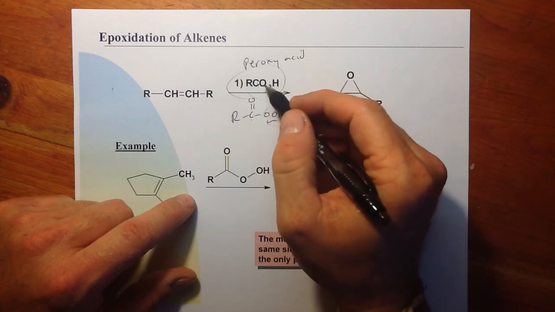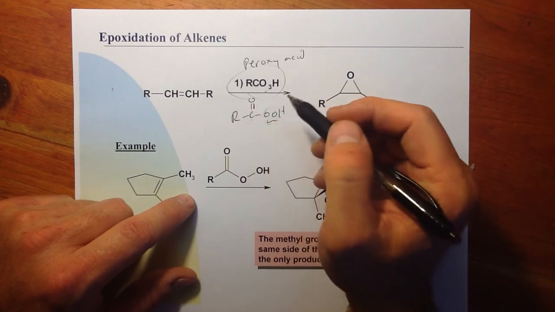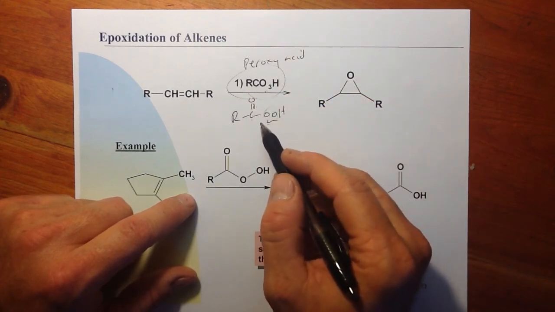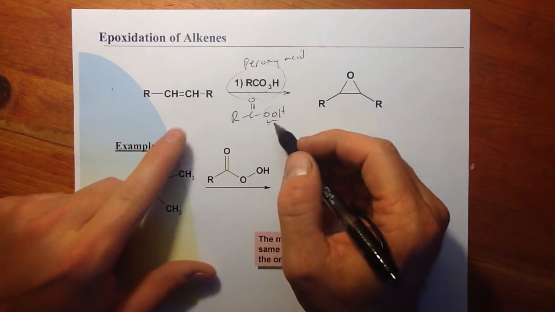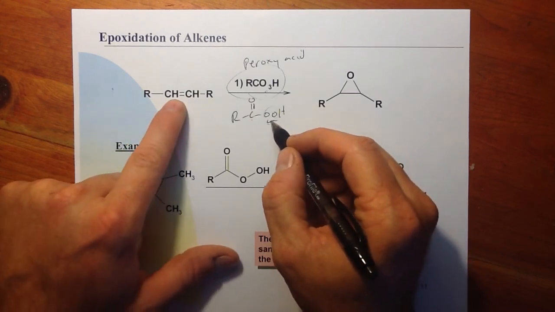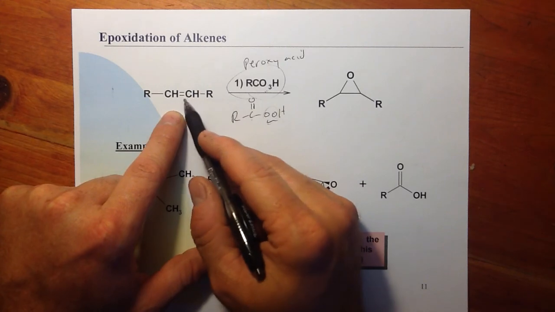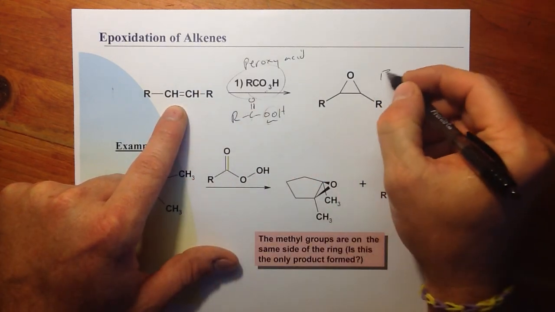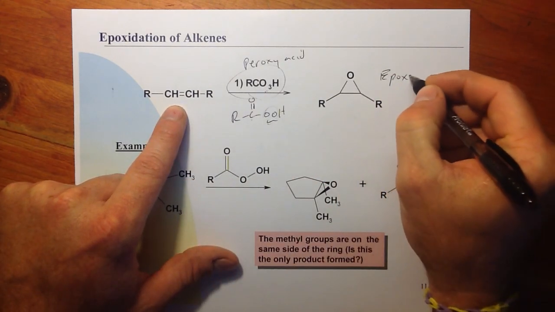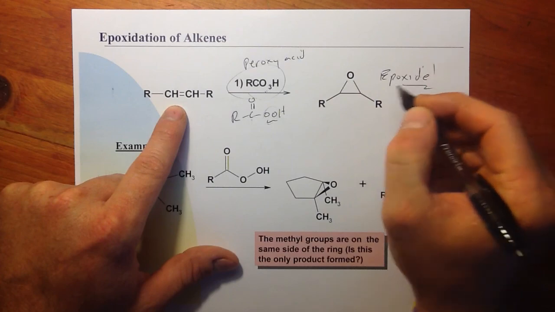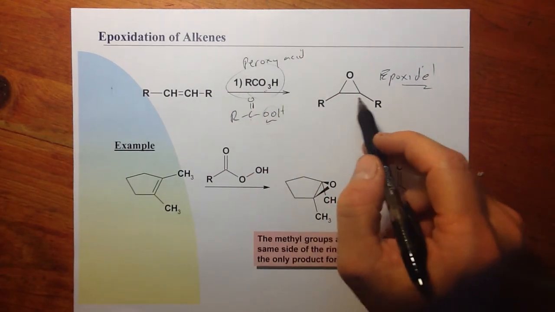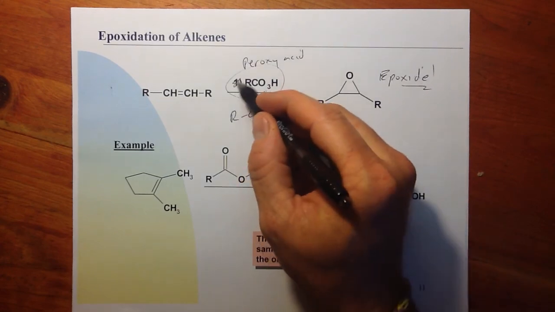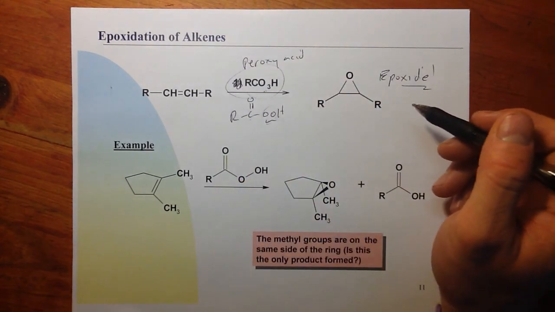So this is not a carboxylic acid. It's much more reactive. It's a peroxy acid. These peroxy acids, in the end, insert one of their oxygens into this carbon-carbon bond to make an epoxide. So we just get an alkene going to an epoxide using a peroxy acid. And we just work that up and we're done.